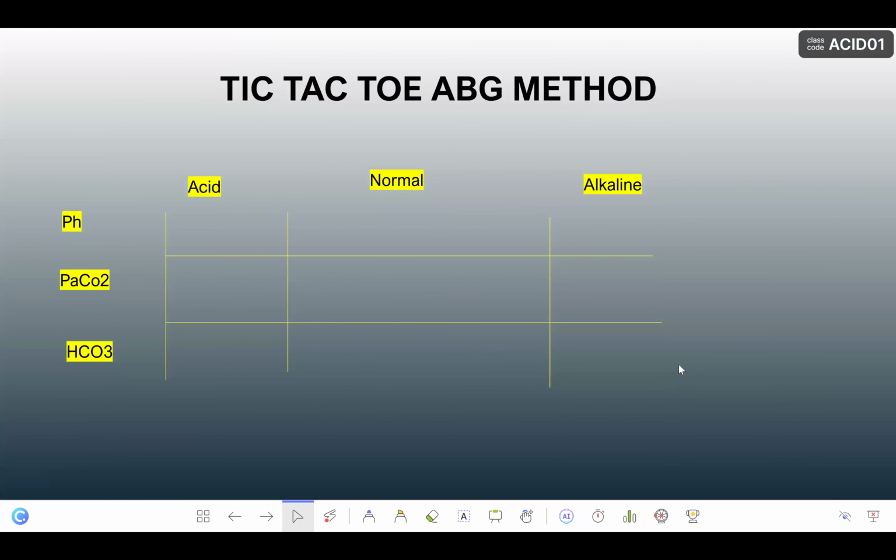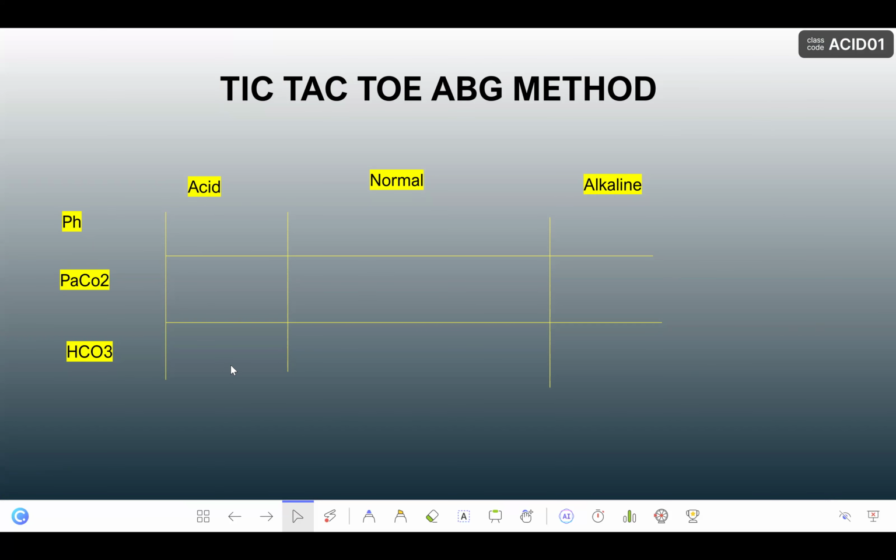All right, so let's go through some ABGs, and I want to show you how to utilize the tic-tac-toe method for doing ABGs. If you notice, I made a little tic-tac-toe board. At the top, I've written acid, normal, alkaline, and then I have pH, PaCO2, and HCO3.